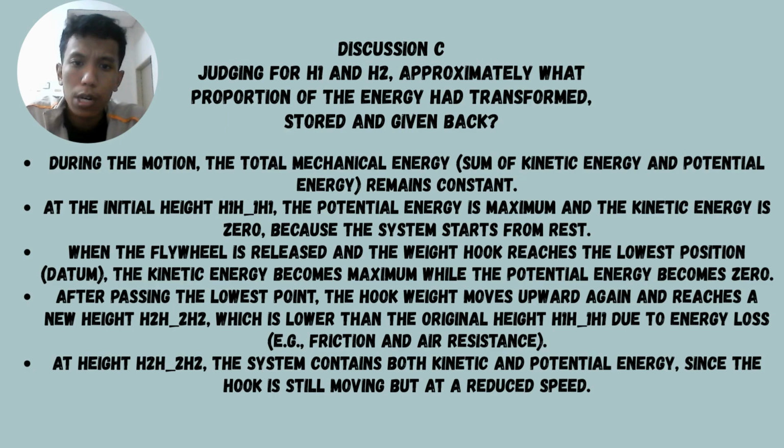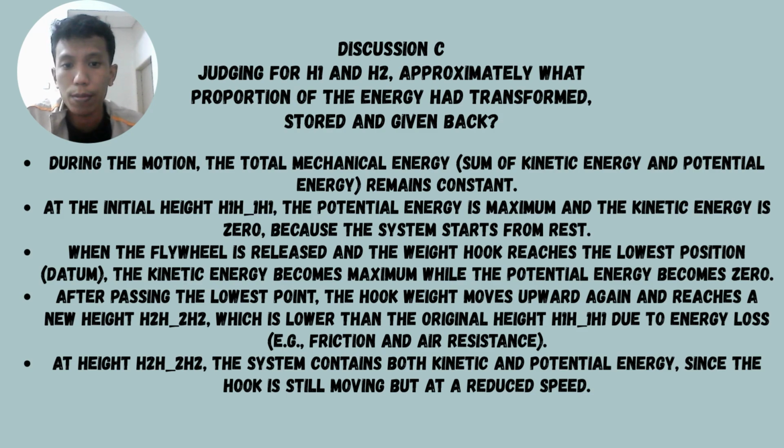When the flywheel is released and the weight hook reaches the lowest point, the kinetic energy becomes maximum while the potential energy becomes zero. After passing the lowest point, the hook weight moves upward again and reaches a new height, which is lower than the original height due to the energy loss. So at that height, the system contains both kinetic and potential energy since the hook is still moving, but at a reduced speed.